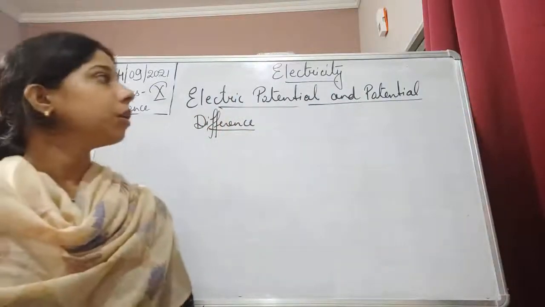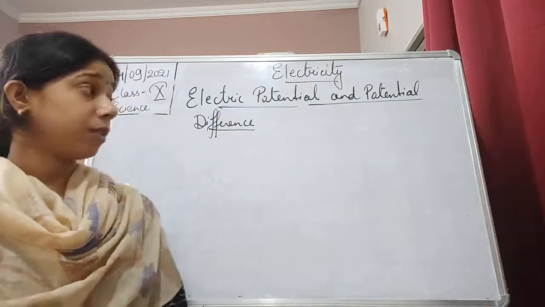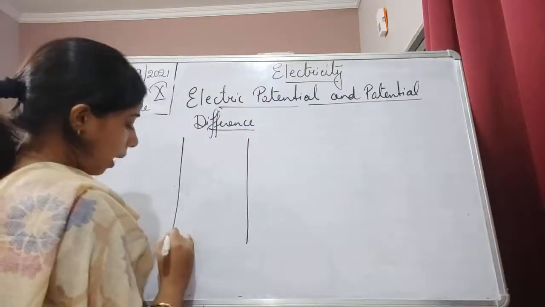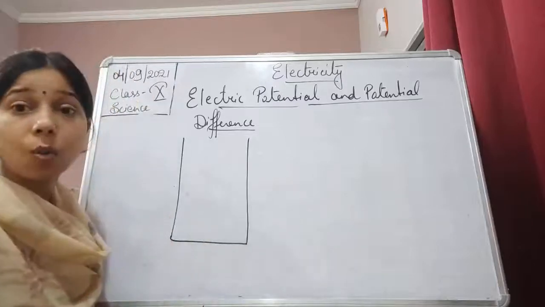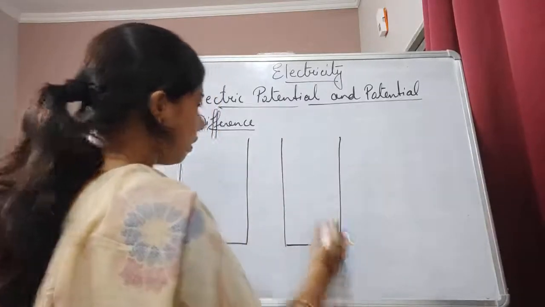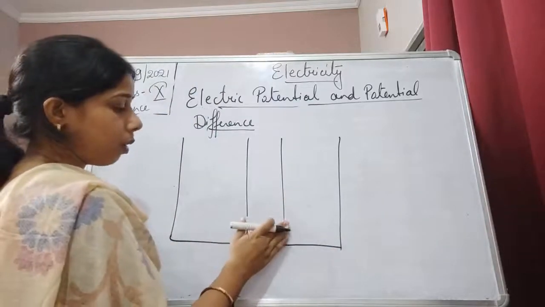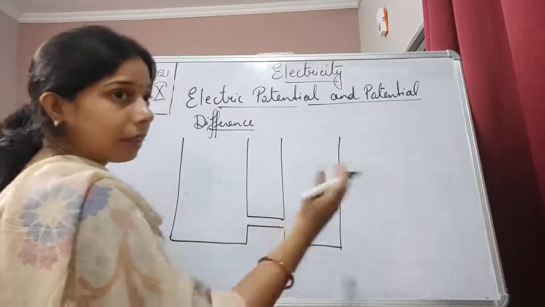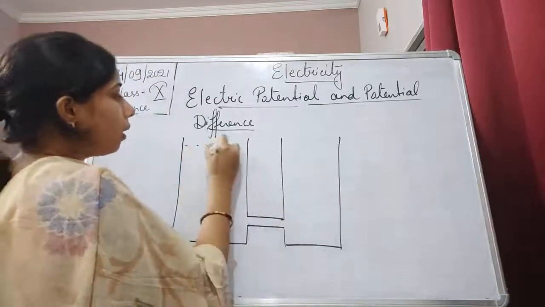If we talk about electric potential, see, yesterday we were talking about an example in which we took a water tank. It doesn't matter whether it is small or what its width is, it is only the level of the water.